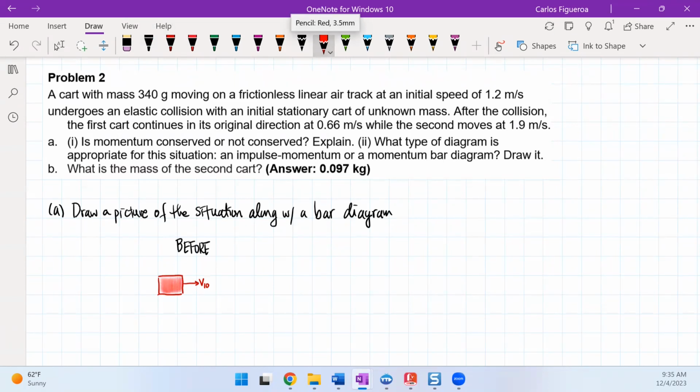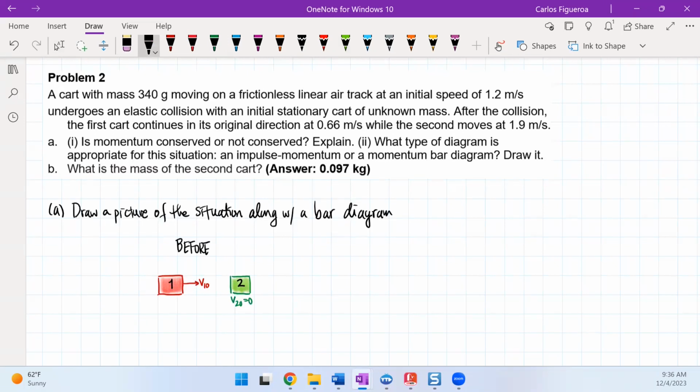And there's a second block that's stationary. And this has a speed of 0, so it's initially at rest. So in other words, I'm going to call this block 1, and I'm going to call this block 2.